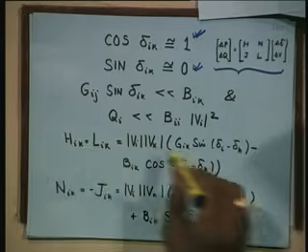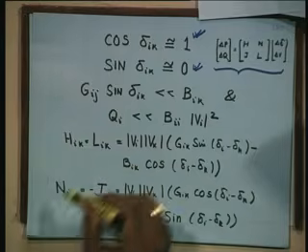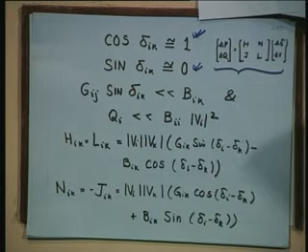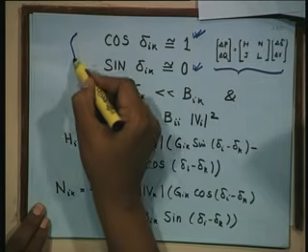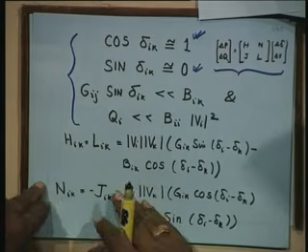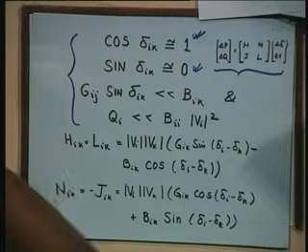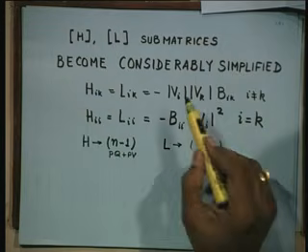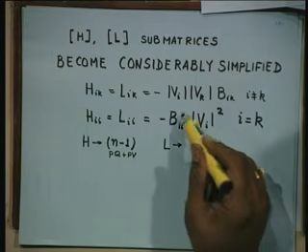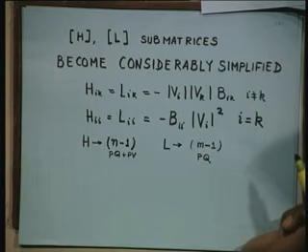Now, this is the full expansion of H, L, N and J for Newton-Raphson method. But when you use these assumptions, they get considerably simplified, and you just get Vi, Vk, Bik minus Bi, Vi square.